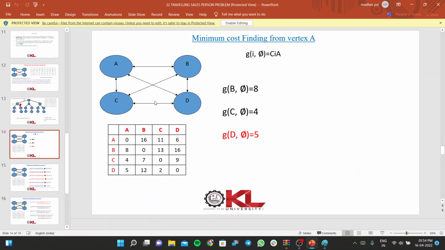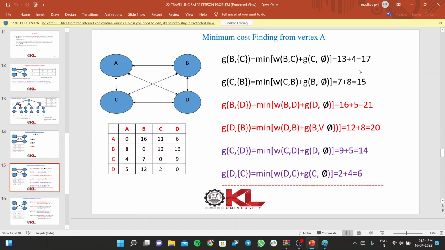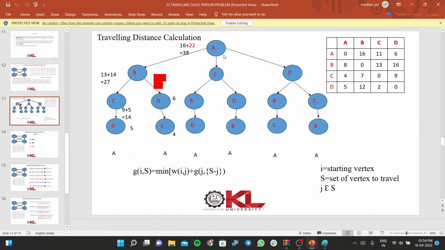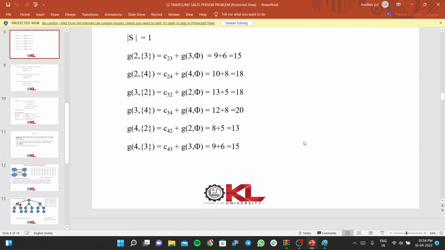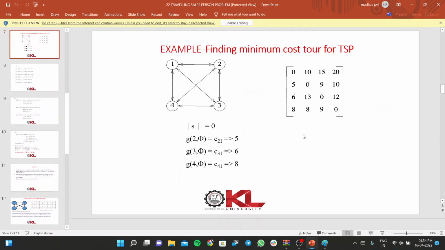From the base level, if you go up, you will get the values of the minimum cost of reaching the goal node. In this way you can work, or else you can work by writing the whole order pairs from the starting itself. You can work in either way, both are easy.